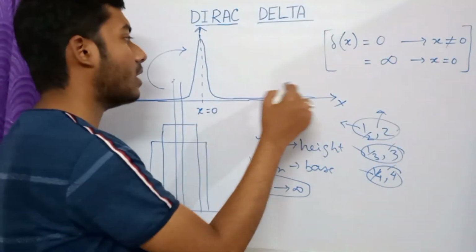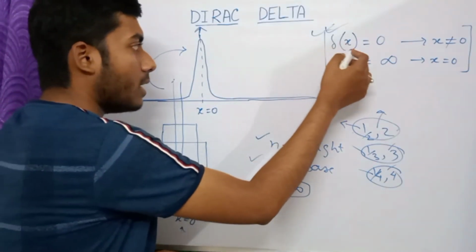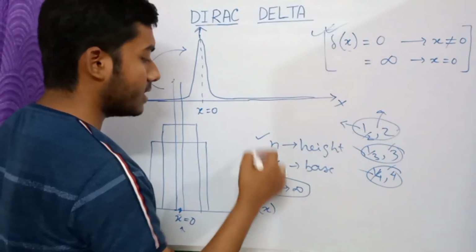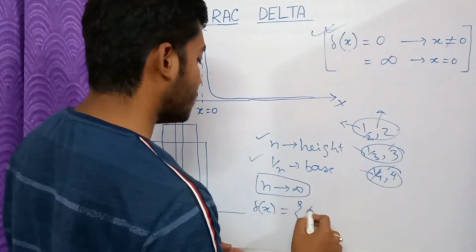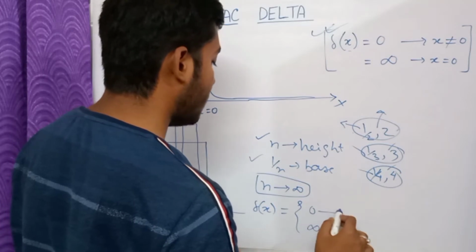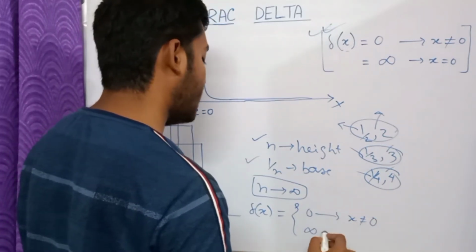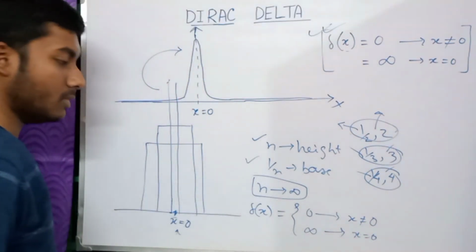We can write delta of x equals 0 at x not equal to 0, and infinity at x equals 0.